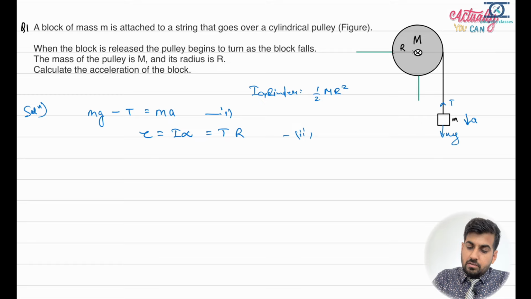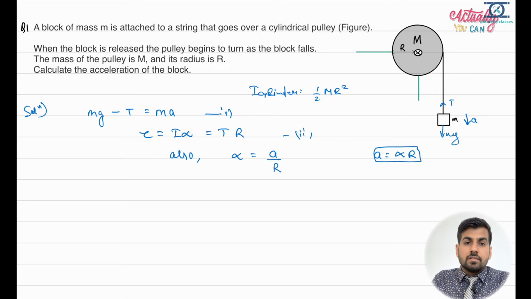Now I have to find the acceleration. So for acceleration I have to write T in terms of this. Also, angular acceleration is linear acceleration upon radius. So this you may have learned, linear acceleration is angular acceleration times radius.